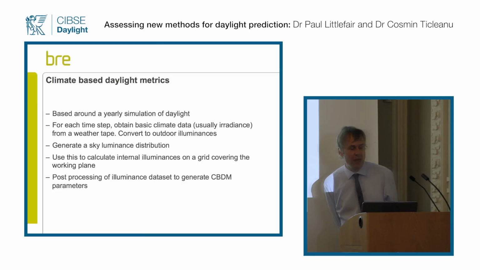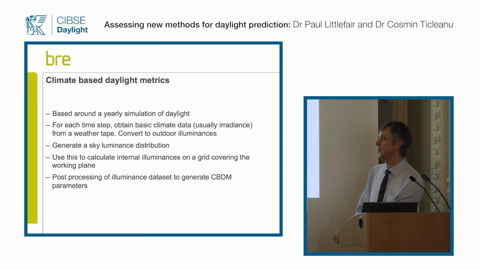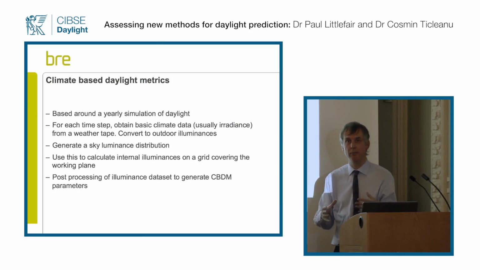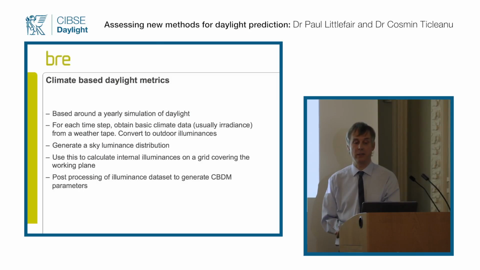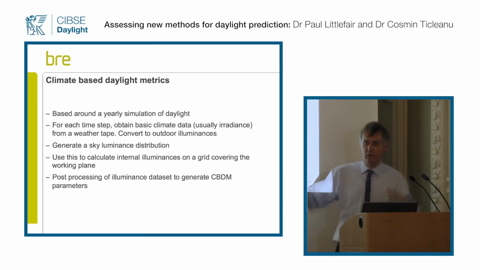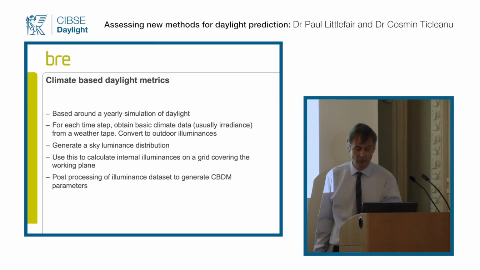And so what you then need to do is post-processing of those 1.8 million numbers in order to give you one or two numbers which you're going to be using as your climate-based daylight modelling parameter. So effectively, you generate all these numbers, and then you have to condense them back down into one or two single useful numbers, because otherwise the people you're presenting these numbers to won't have a clue what's going on.